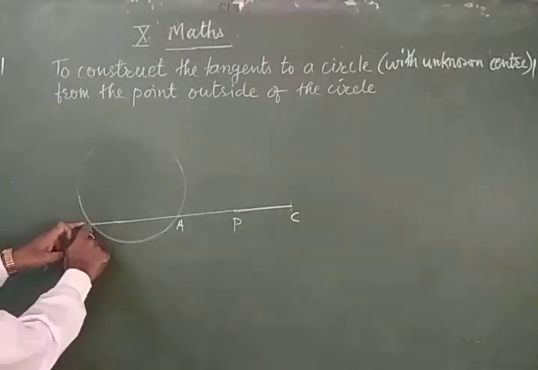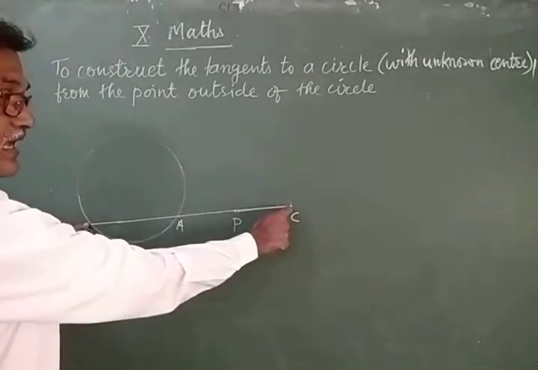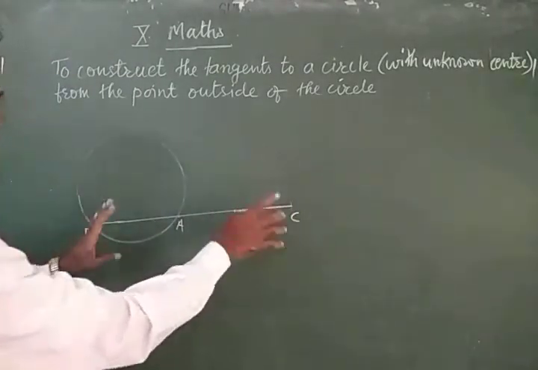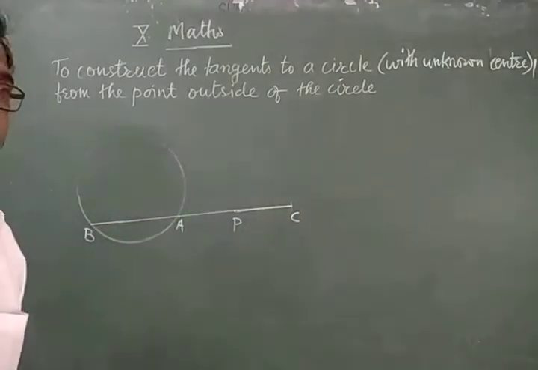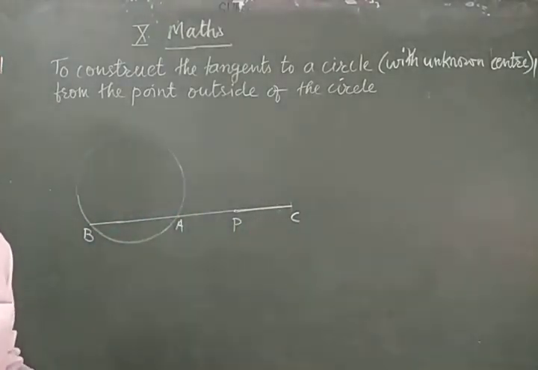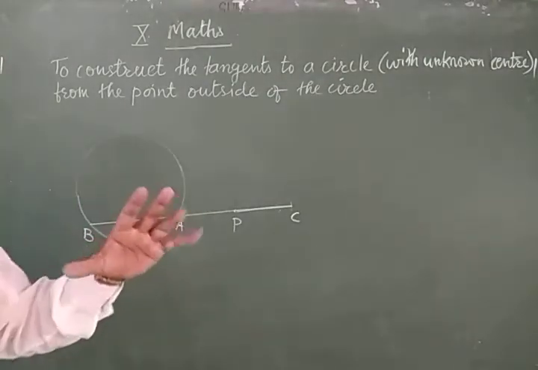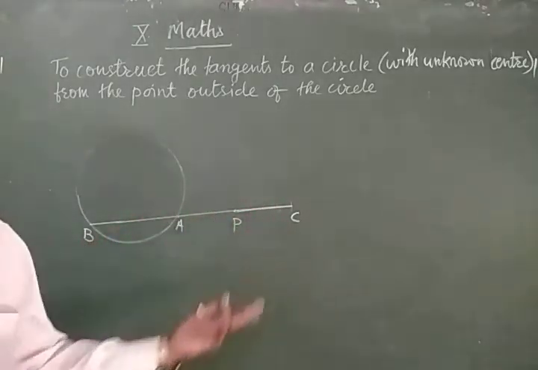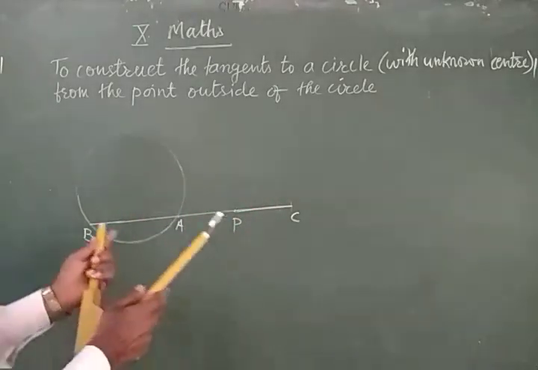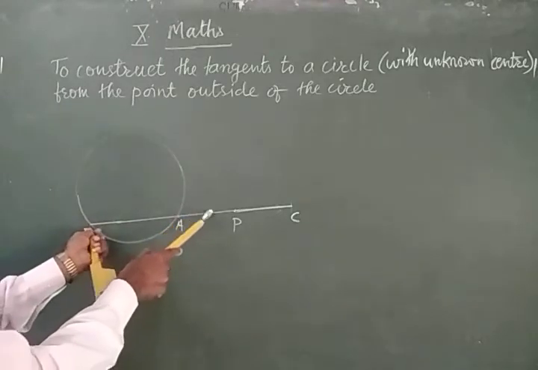Then with BC as a diameter, draw a semicircle. How to draw the semicircle? No need to draw the complete circle. We have to draw only half circle. So what will be the radius? We have to draw the perpendicular bisector of BC.